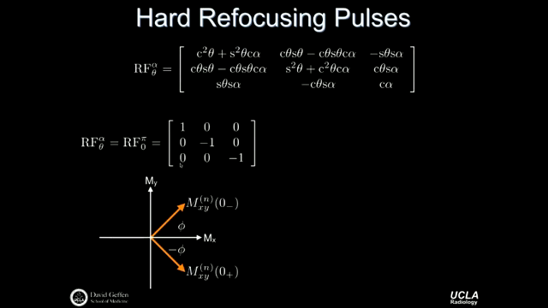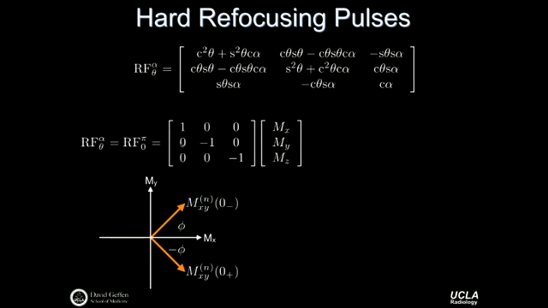This column here tells you what happens to your X magnetization. So what happens to my X magnetization? Does it change sign or anything? Nothing, right? Let's throw up a vector here. If I do the matrix multiplication across the top, down my column vector, I just end up saying that my MX magnetization is my MX magnetization.